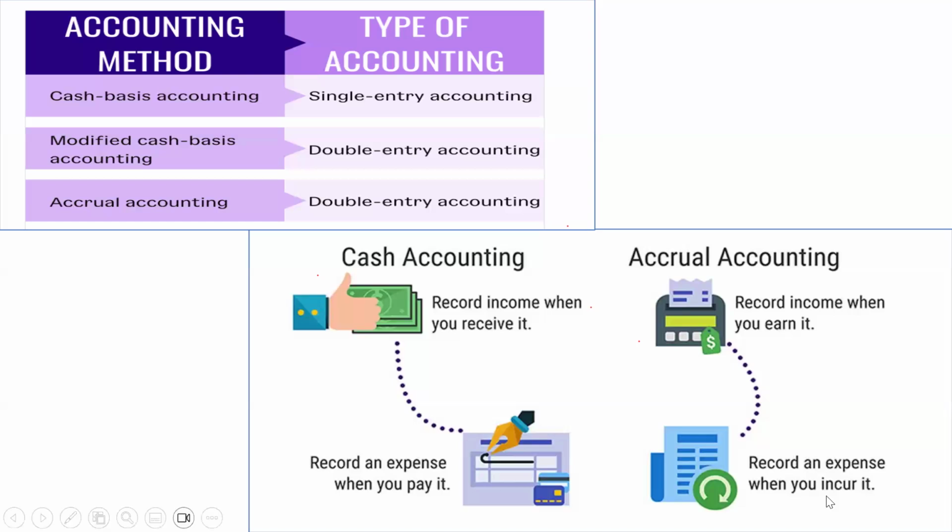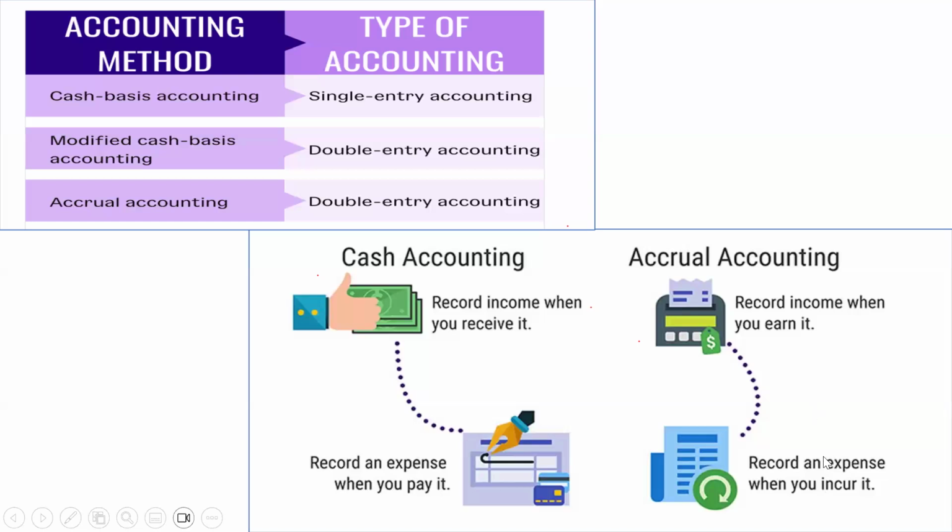That liability account will be created. That is the first entry. When you actually pay the money in May, that liability account will be reversed and a payment will be created in May. That is the dual entry: a purchase entry and a payment entry.